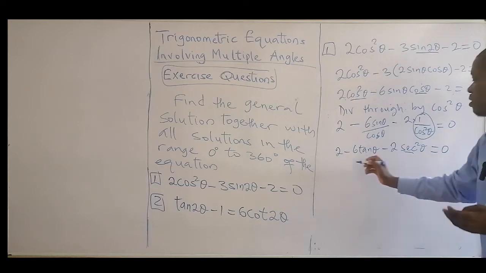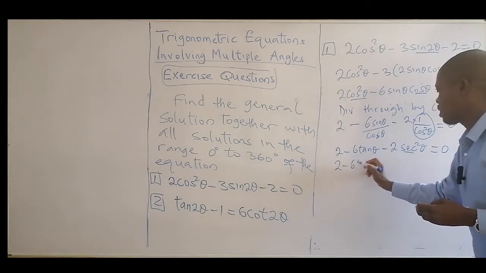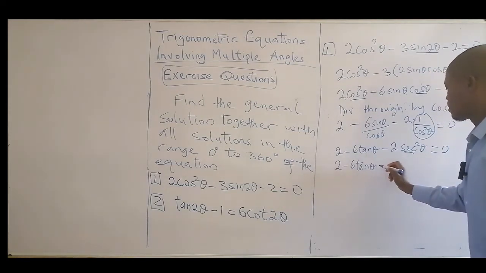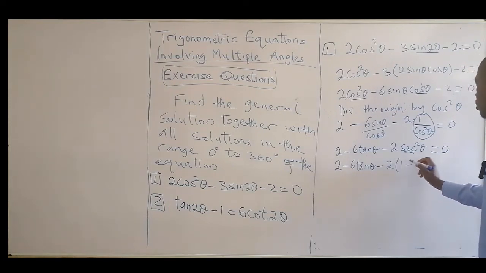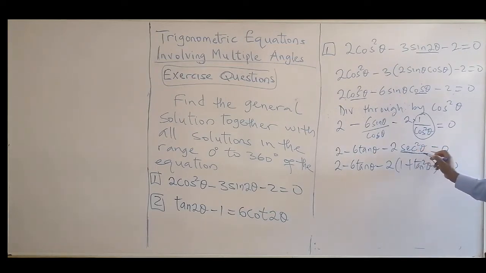From the identity, we know that 1 plus tan squared theta is equal to sec squared theta. We just substitute for sec squared theta, which is 1 plus tan squared theta.